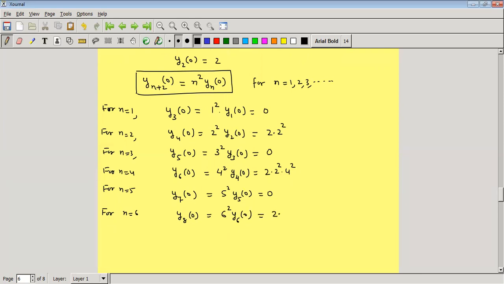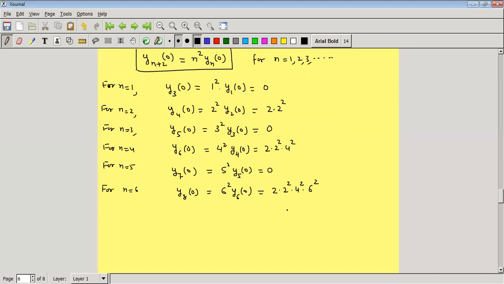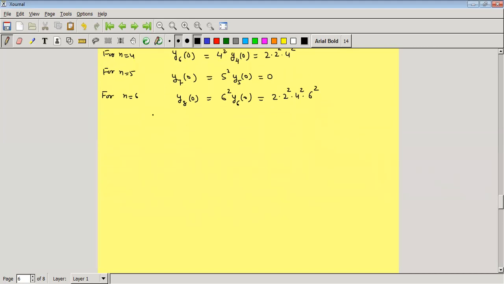So we can write 2 into 2 square into 4 square into 6 square. Now, can we generalize this? In general, what is yn at point 0? This is 0 if n is odd.